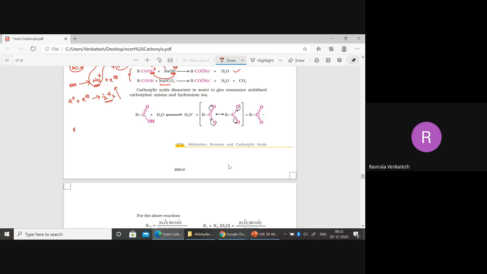So what I mean to say is that when it releases the H plus ion, you are going to get a carboxylate anion, and this is resonance stabilized. The negative charge will move here and here like this. So this is a resonance stabilized carboxylate anion.